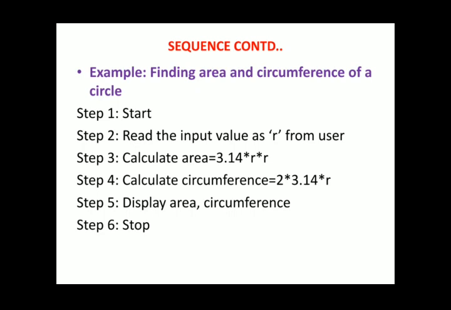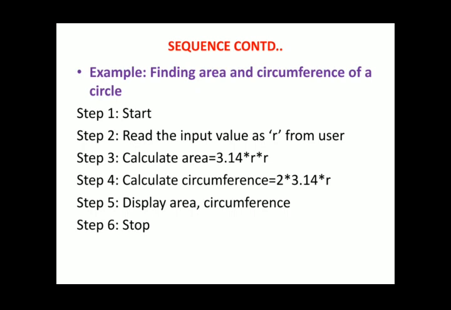In step 3, first to calculate the area of a circle, the formula pi r square logic is applied, and the value of pi is directly assigned as 3.14. Based on the input radius value, the area of the circle is calculated as 3.14 into r square, and the final processed data is assigned to the variable area.